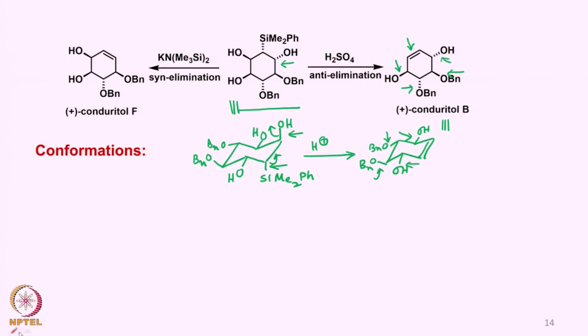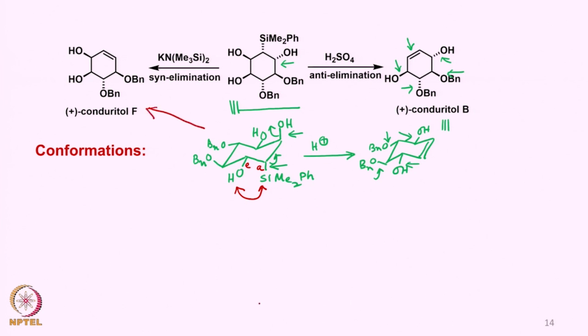Now if we look at the other aspect, under basic conditions it undergoes syn elimination. You can expect that these two are syn to each other, because one is axial and this one is equatorial, so the elimination would give this particular product.